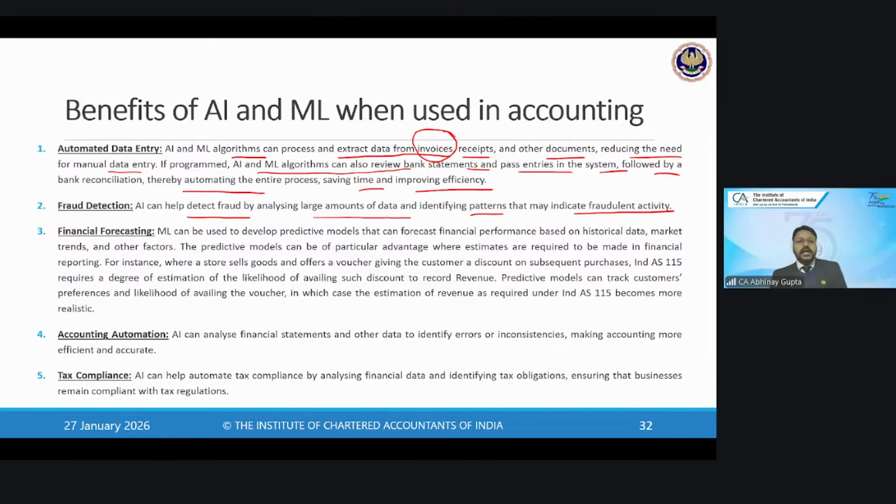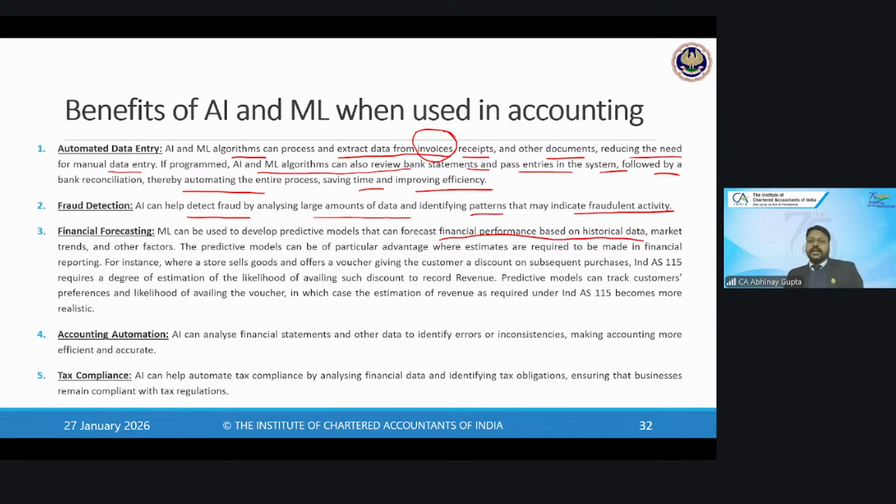If any unusual activity or pattern is observed, then AI can flag it to you, or to the senior management to whom it is authorized to flag, and they can certainly see what is going on. Financial forecasting: ML can be used to develop predictive models that can forecast financial performance based on historical data, market trends, and other factors.